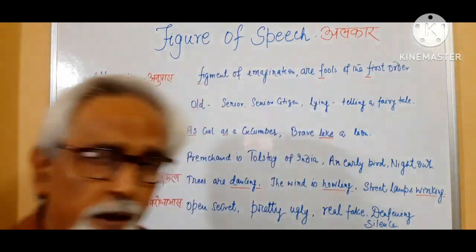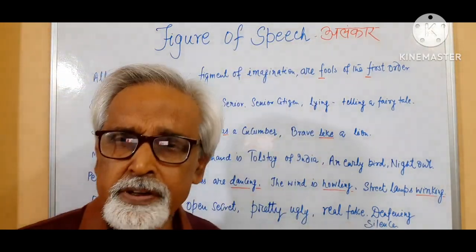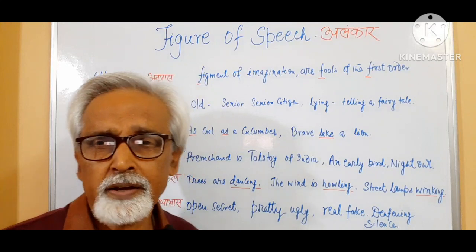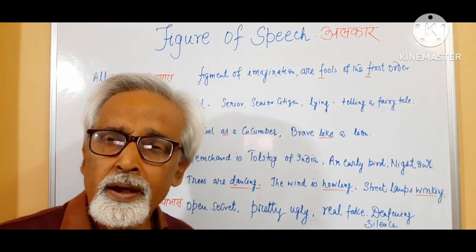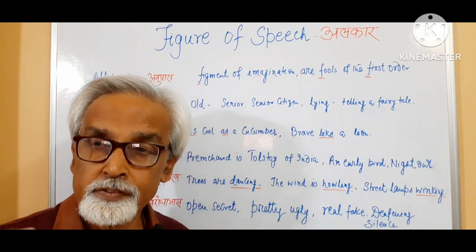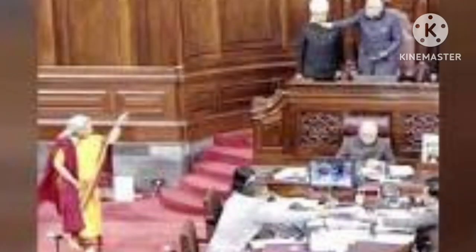And we have recently witnessed that a heroine, who is no longer a heroine, is in politics and she has shown arrogance in the house. So you can say she is as proud as a peacock.